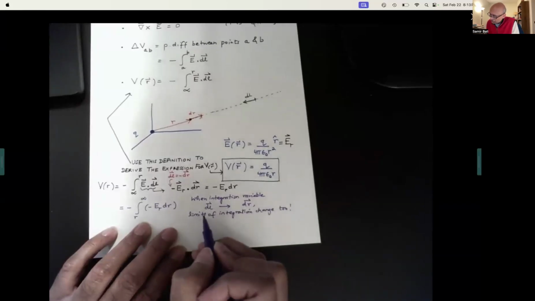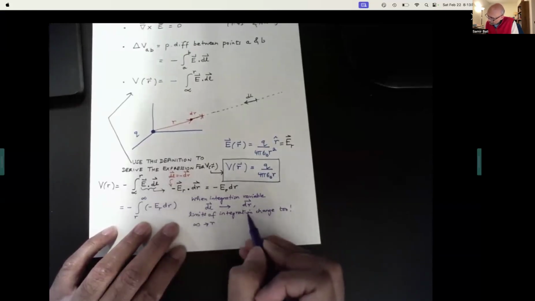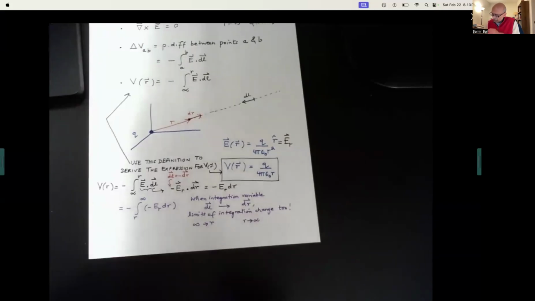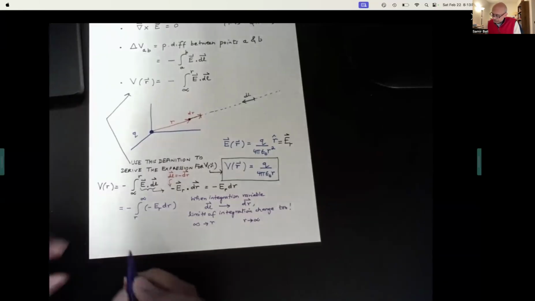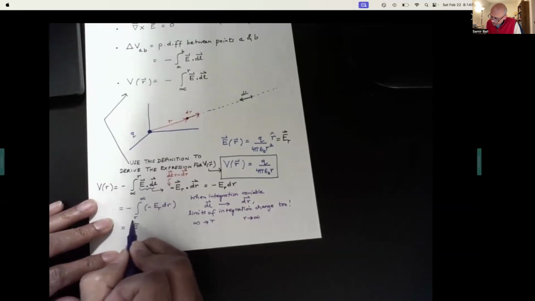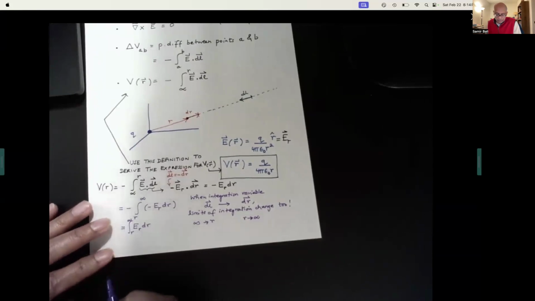For dl, we were going from infinity to r. Well, for dr, we will go from r to infinity because they're pointing in opposite signs. So you see, I got this. And so this now becomes the integral from r to infinity of E sub r dr.